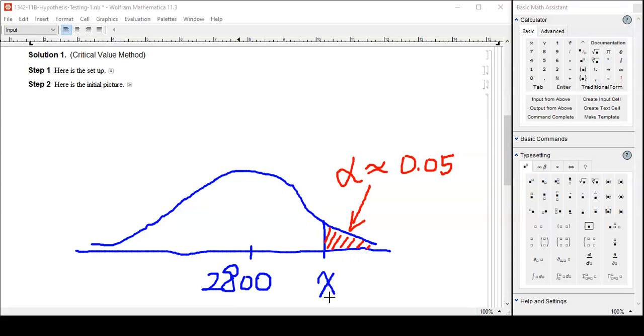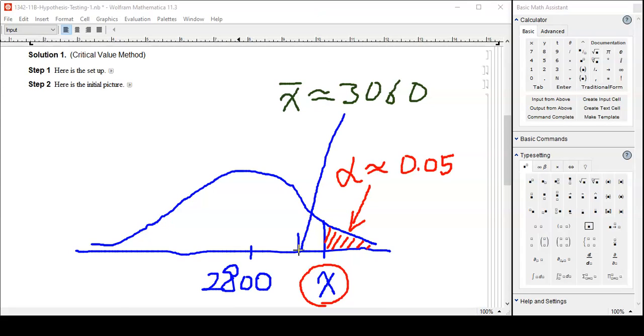And if you find this x value, then basically we are through, because we know the sample mean of about 3060. So where does it fall? If you know this critical value, and if it turns out that 3060 is less than that, so that it falls here, then use your brain. Close to null, very close to null, and this is a threshold, so null wins.